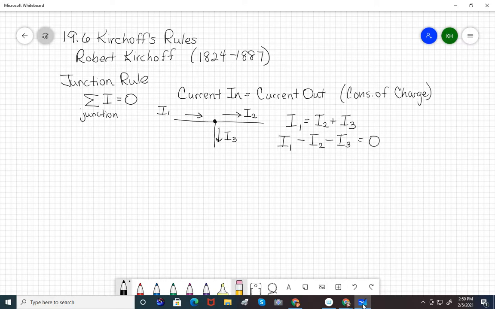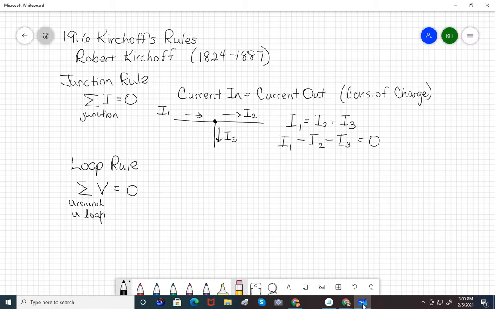The other rule is called the loop rule. And the loop rule says that the sum of the voltages around a loop has to equal 0. Think about it.